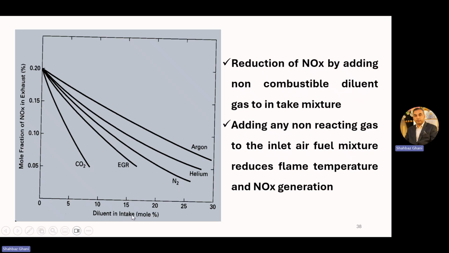Diluent in intake, mole percentage 0 to 30, and mole fraction of NOx in emission. At this point we have maximum. If we induce carbon dioxide, EGR, nitrogen, helium, argon, this will be the mole fraction of NOx in exhaust emission.